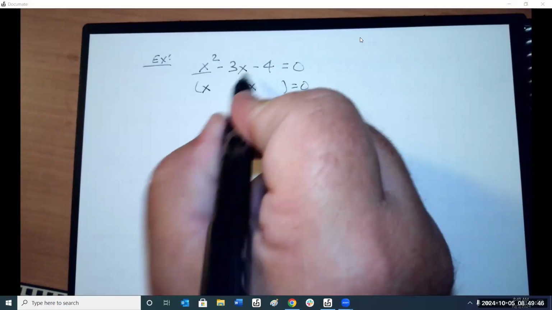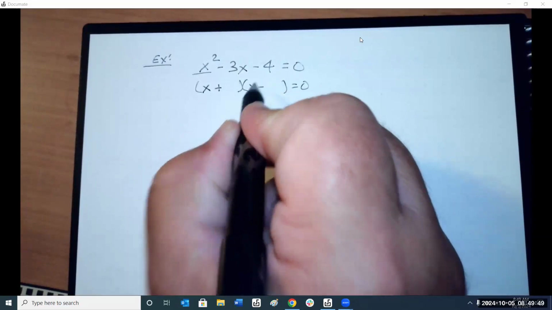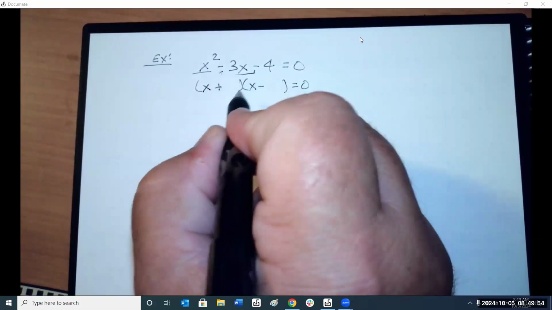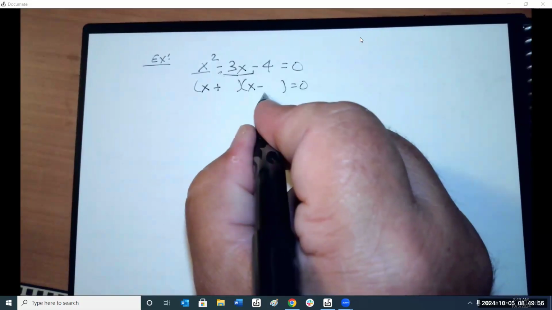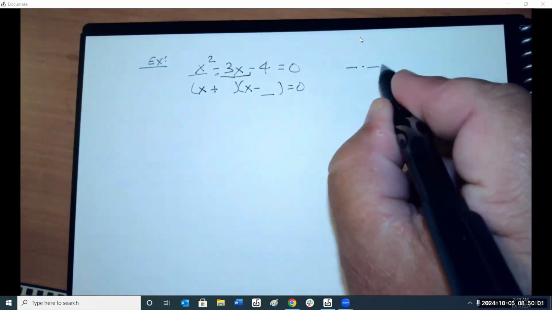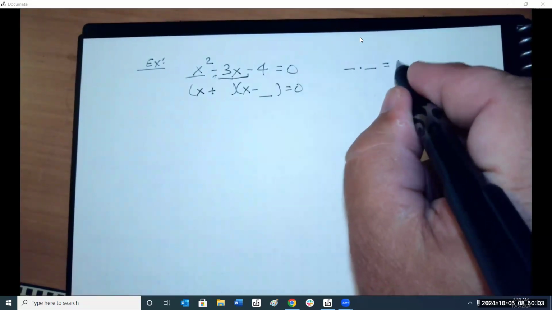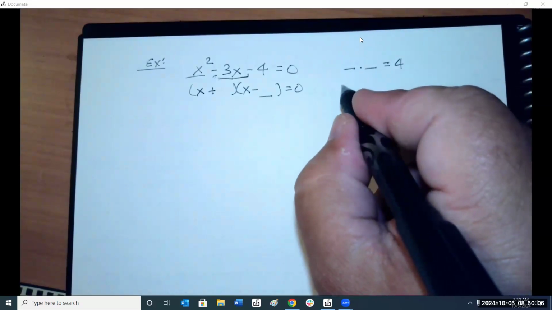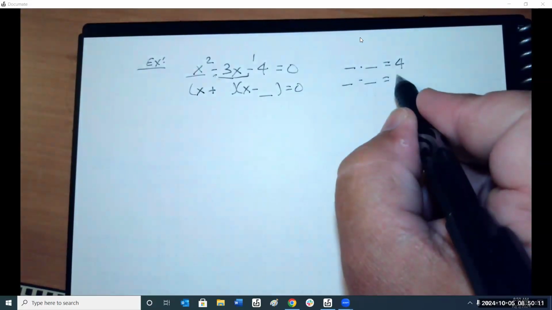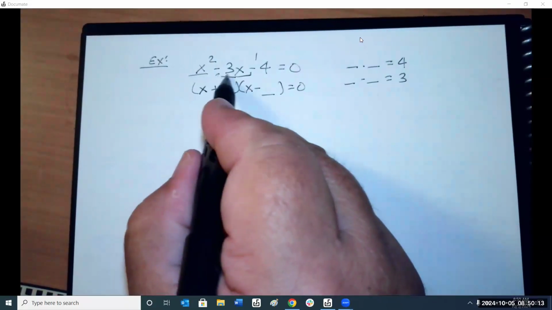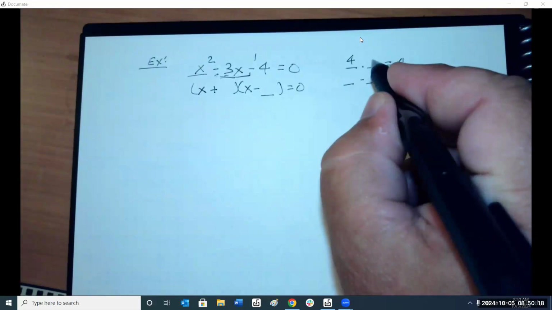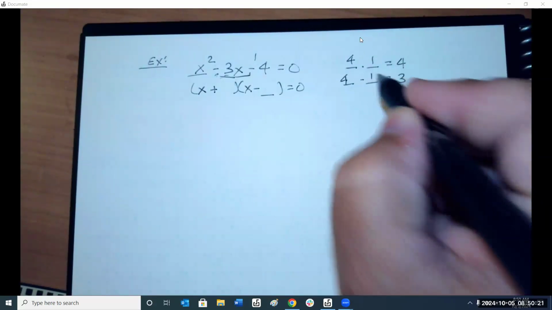Second sign is a minus, so opposite signs. The bigger number is the negative. So what times what equals our last term, that when I subtract them, I get my middle term. 4 times 1, 4 minus 1.